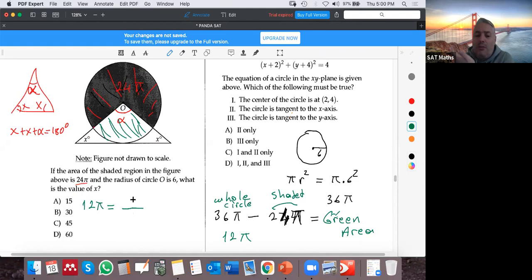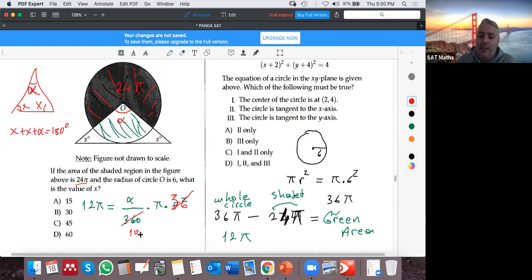We have only one formula, alpha over 360 times pi r squared. Let us put the numbers. Alpha, do I know? No, I want to find alpha. Now r, do I know? Yes, r is 6. So 6 squared is 36. If this is 36 and 360, if I simplify, it will be 10.